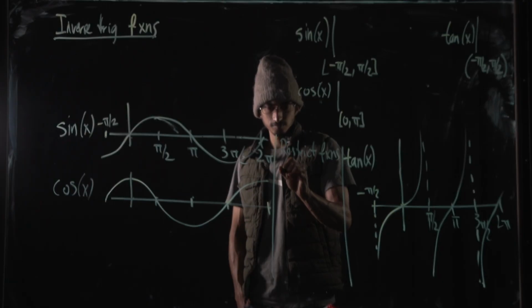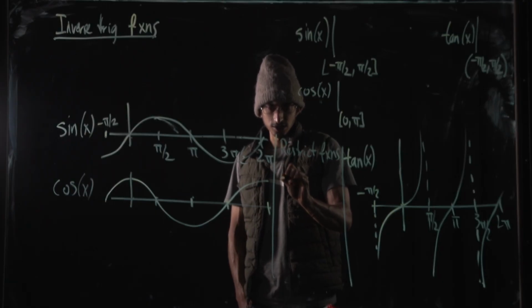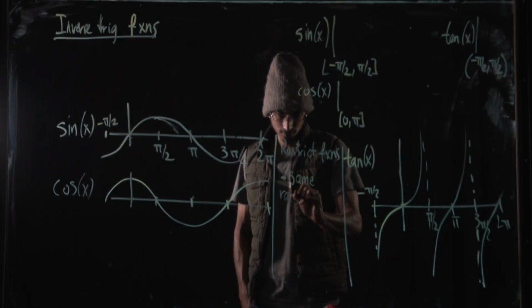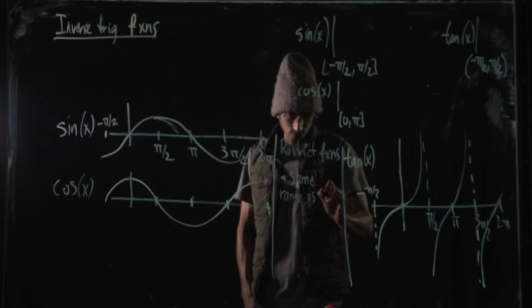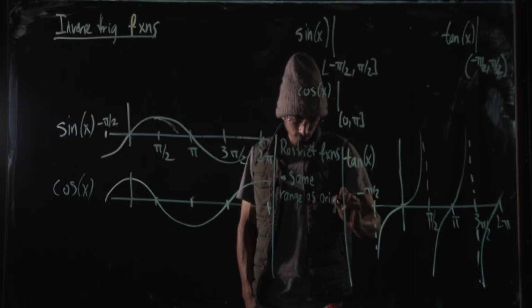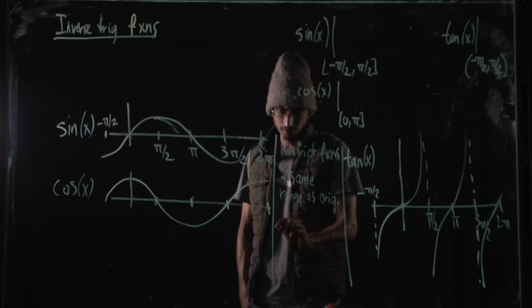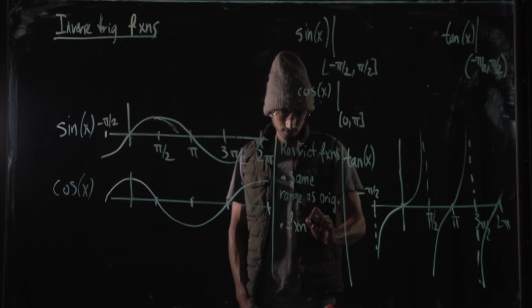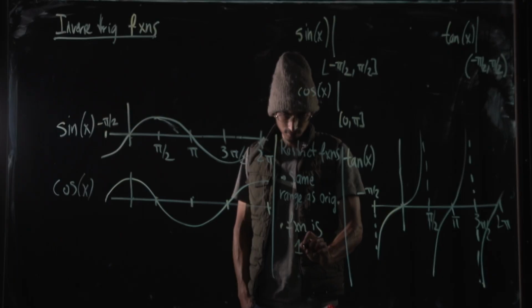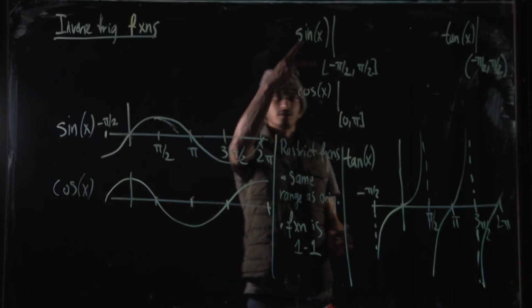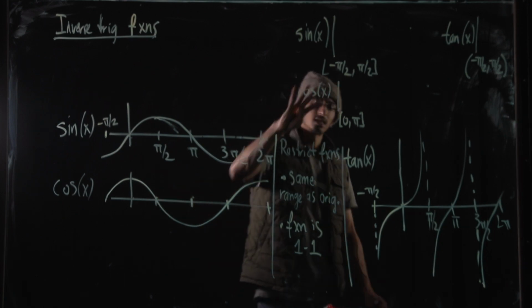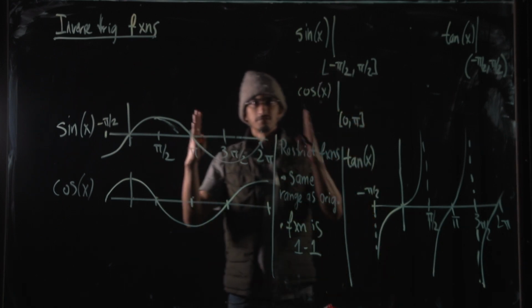So I'll achieve something that has the same range as the original, but the function will be one-to-one. So that's exactly what I've done over here. These functions have the same ranges as the original functions, but they are now one-to-one now that I've restricted them.